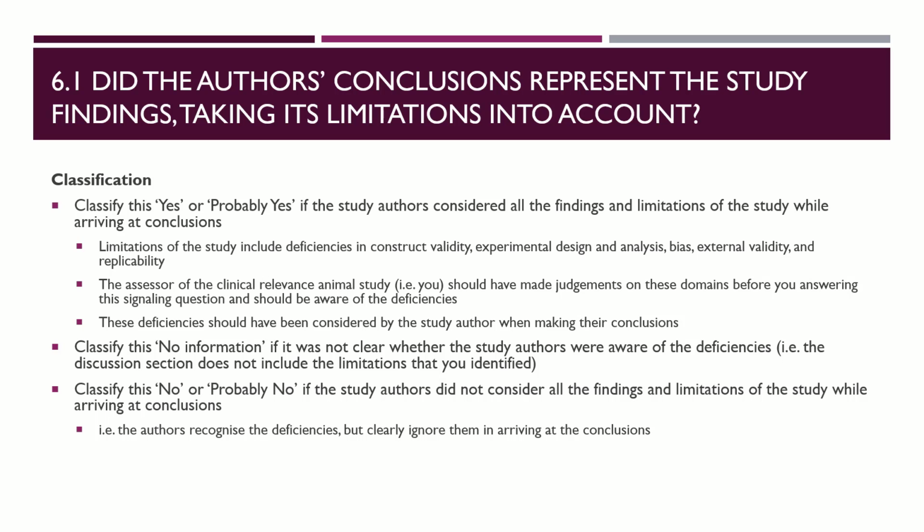Okay, how would you classify this signaling question? Classify this as yes or probably yes if the study authors considered all the findings and limitations of the study while arriving at the conclusions. Now limitations of the study include deficiencies in any of the previous domains. So study authors should consider these domains and then indicate these as limitations.